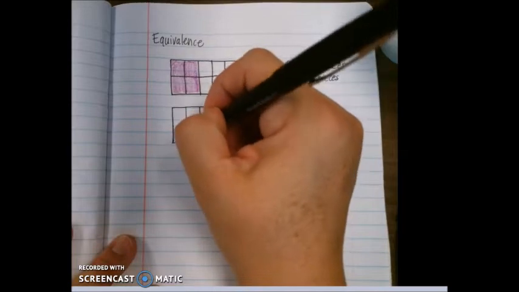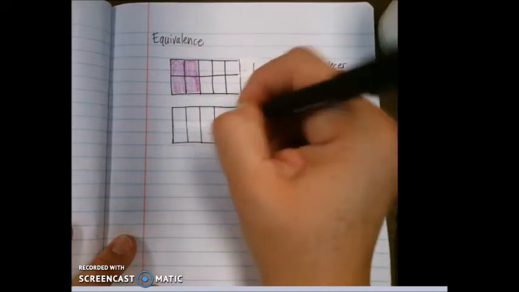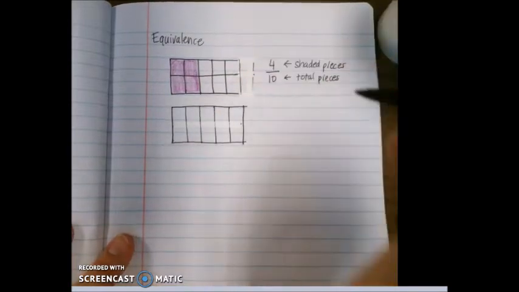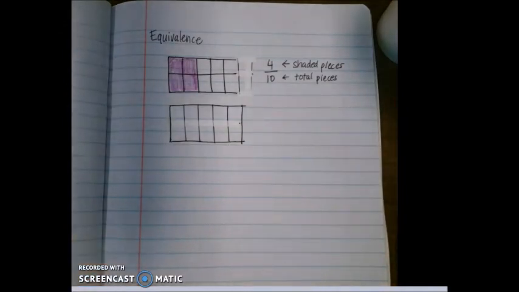So I don't have that horizontal line going across. I just have 5 equal parts. How many parts of this new shape do I need to shade to have an equivalent to the first shape?